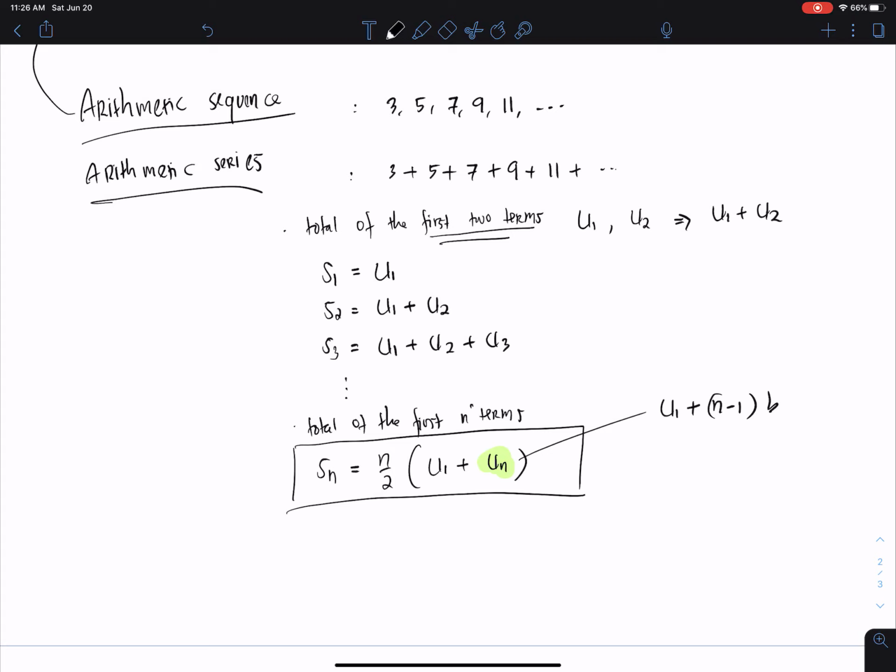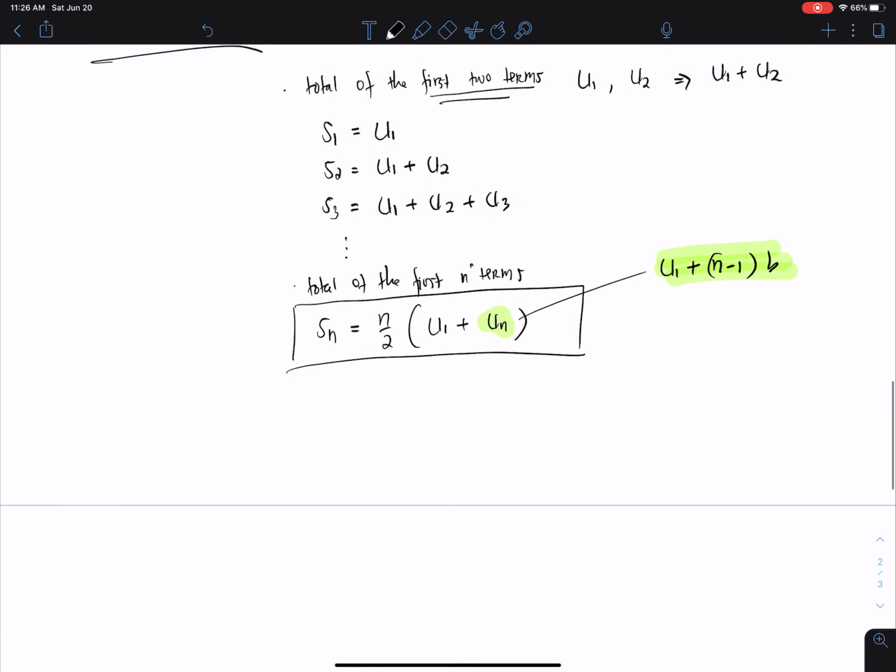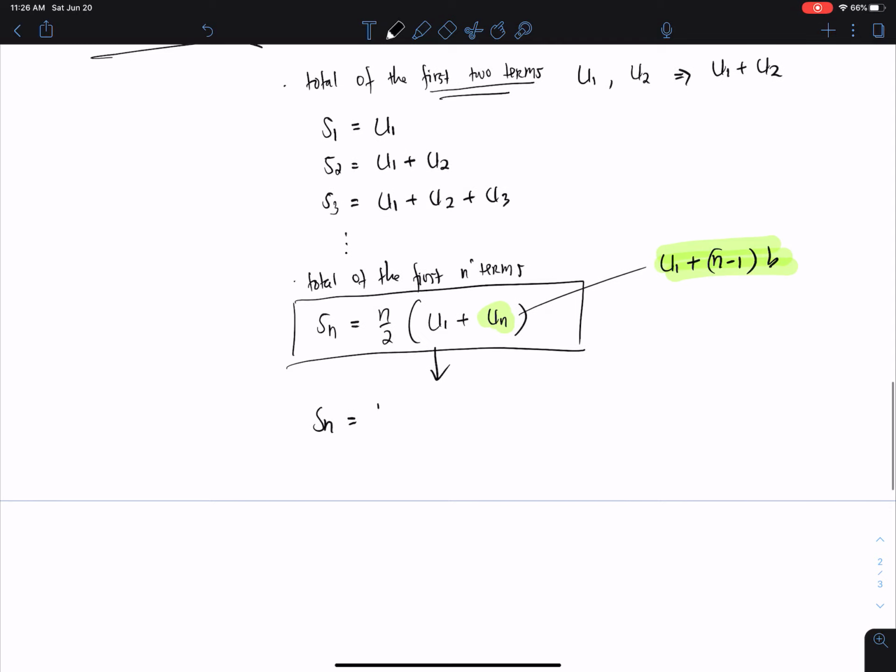If we substitute this formula into the formula of the series, we can have another model to calculate the total of the first n terms: n over 2 times u1 plus un, with un substituted by u1 plus n minus 1 times b, close bracket.